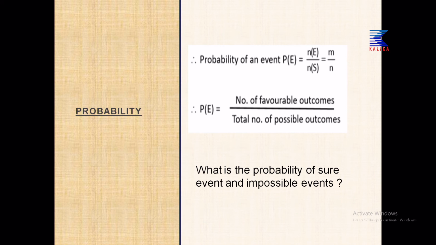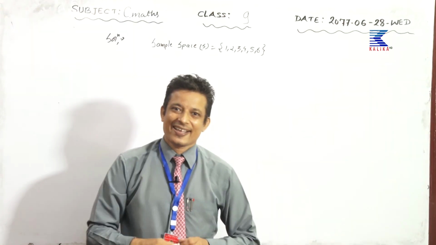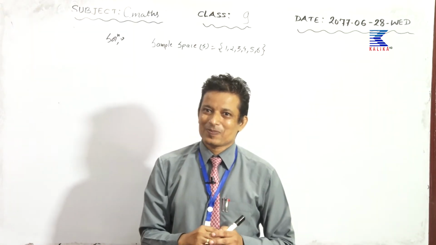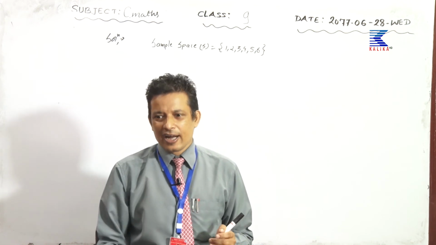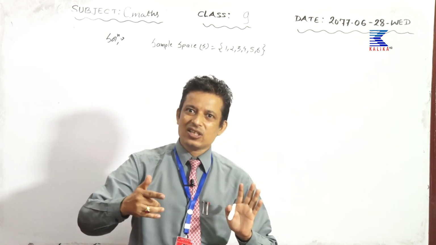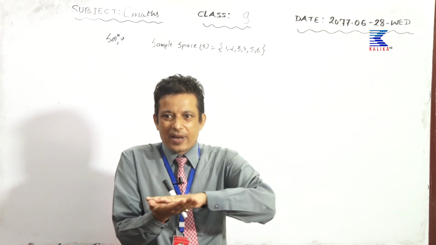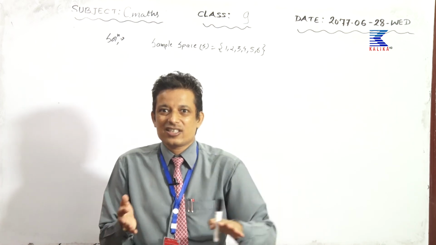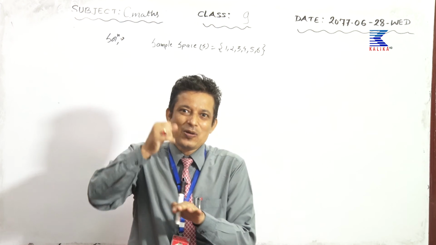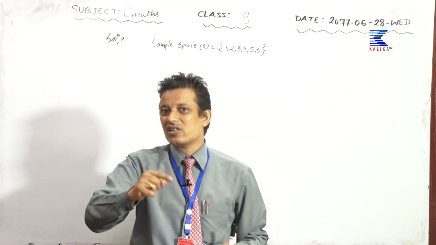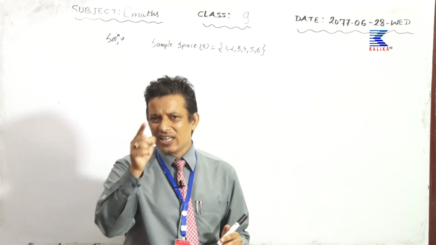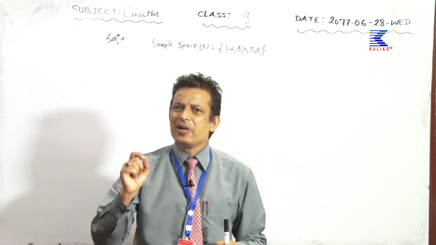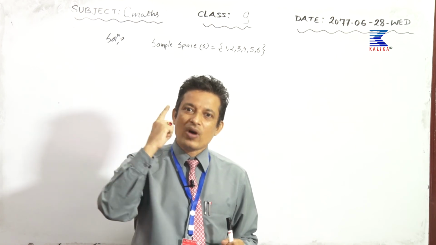Now, may I draw your attention to the board please. Did you think it? A sure event means, if we toss a coin and we want either head or tail, and we are tossing on a plain surface like glass, there is no chance for a tie. So either head will come or tail will come for sure. This is known as a sure event, and you need to remember that the probability of a sure event is 1.